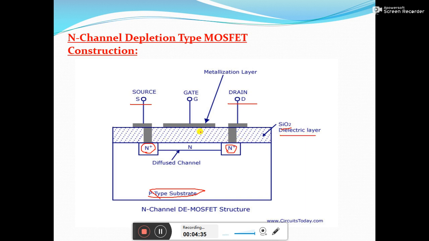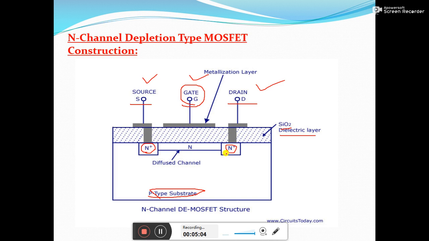On this SiO2 layer, one more metallic plate is deposited and an electrode is connected, which is brought out as the gate terminal. So now the source, gate and drain terminals are there. Here you can see the gate, drain and source, and internally the source and drain are connected with the channel.